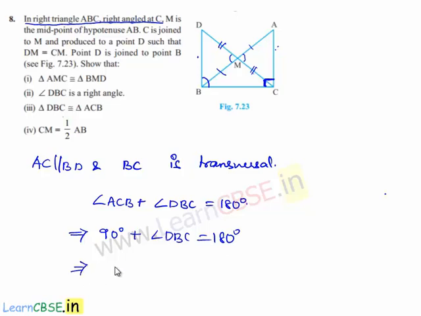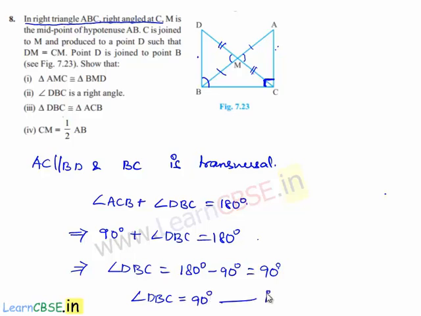On transposing 90 to the right hand side, angle DBC is equal to 180 degrees minus 90 degrees, which is 90 degrees. So angle DBC is equal to 90 degrees, which is our second proof.